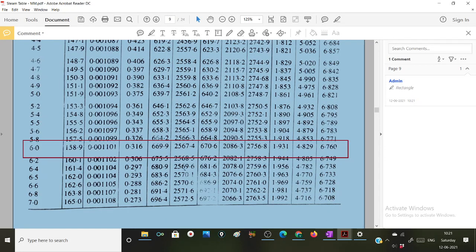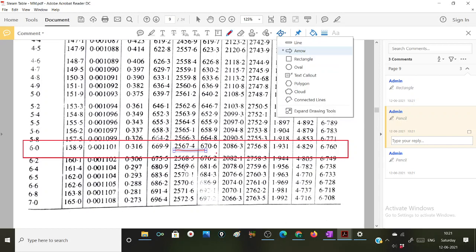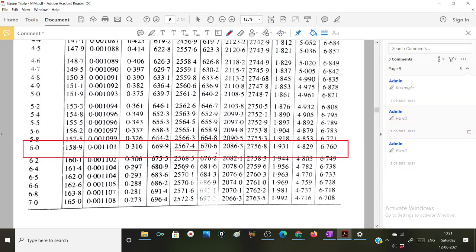HF. This is actually HF and HFG. This is HF and HFG. 670.6 is HF and 2086.3 HFG.